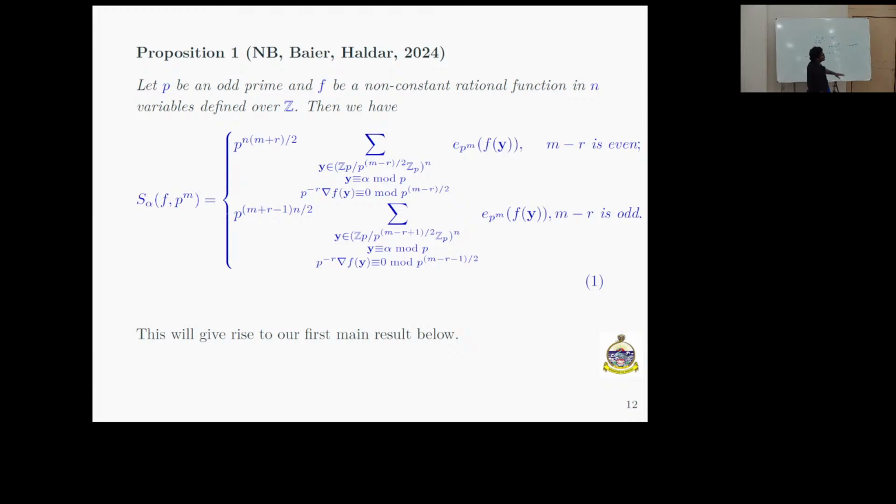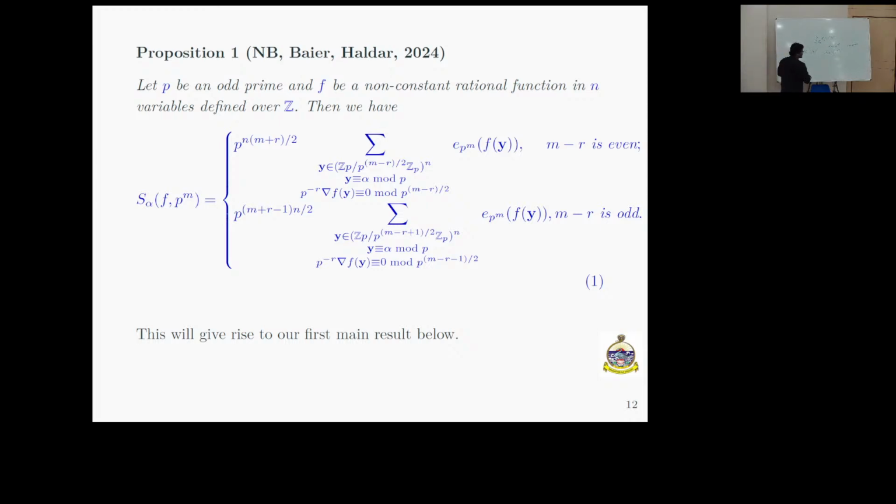That means we have the contributing term now for m minus r even, p to the power m times (m plus r) by 2, and this sum reduces a little bit in terms of such critical points. Suppose we have taken those critical points, we have fixed all those x such that p to the power minus r delta f(x) is congruent to 0 modulo p.